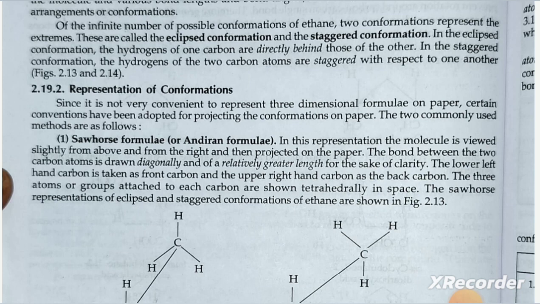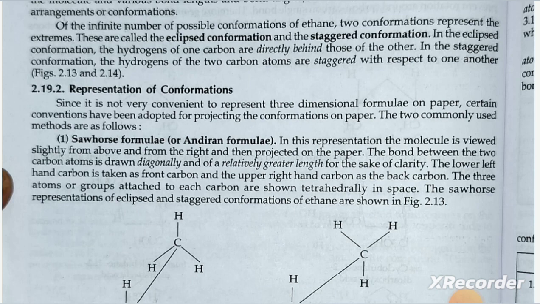In this representation, the molecule is viewed slightly from above and from the right and then projected on the paper. The bond between the two carbon atoms is drawn diagonally and of relatively greater length for the sake of clarity. The lower left-hand carbon is taken as the front carbon and the upper right-hand carbon as the back carbon.